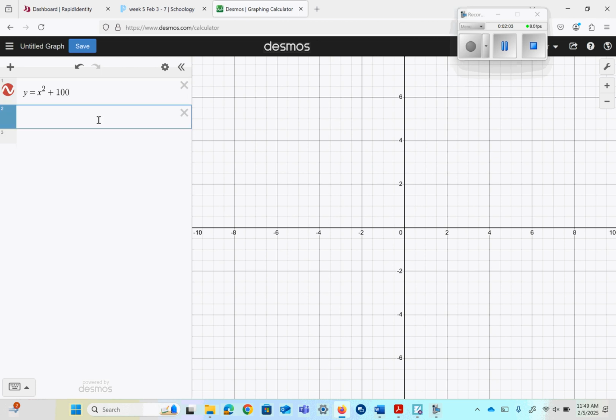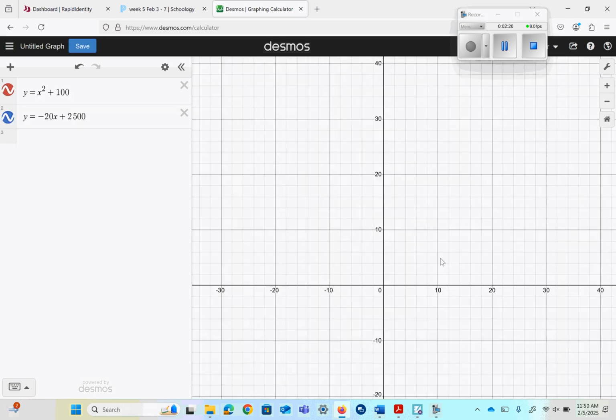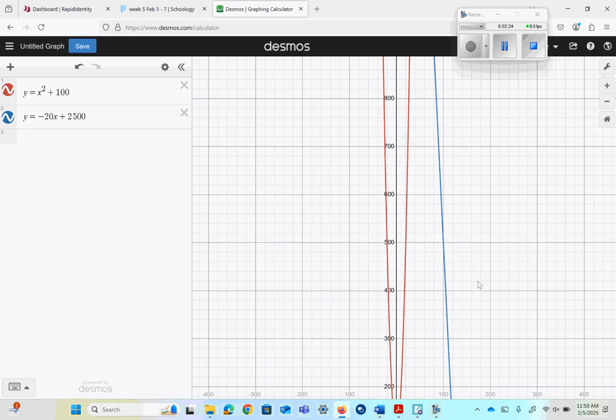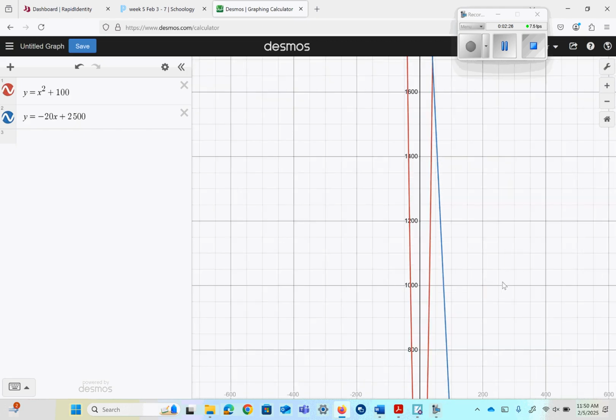And then Y equals negative 20Q, or 20X, plus 2,500. Is that right? Cool. So then we have to search for the graph. Oh, we got a quadratic there. Where are these guys going to intersect?